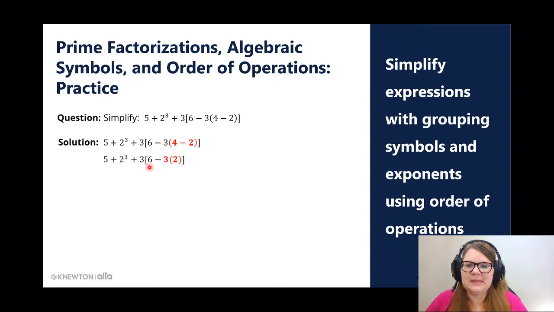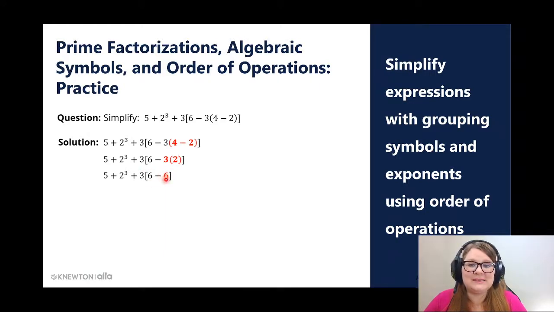Now we are inside of these brackets. Looking inside of these brackets, what can we do next? Well, PEMDAS. There are no exponents inside those brackets, but there is multiplication, and there's only multiplication, there's not division. So we know we start with that. 3 times 2 is 6. Now, inside the brackets, we have subtraction.